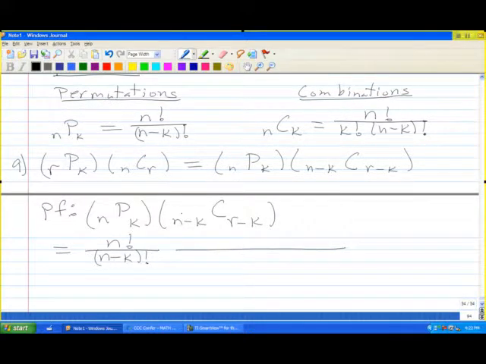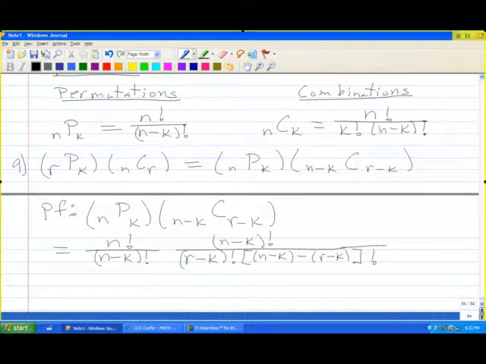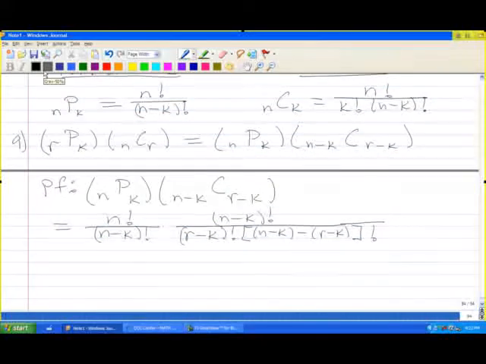The n minus k C r minus k is n minus k factorial over r minus k factorial times, well, the difference of these. And so it would be (n minus k minus r minus k) factorial.